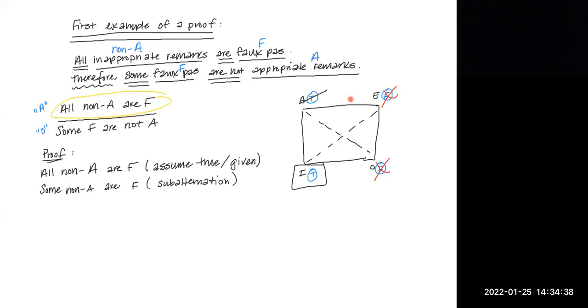I want to pick out the right tool. So what have I got to do? I've got to get this F over here, get this R to be R naught, and get this non-A to be A. So let's try simply conversion.